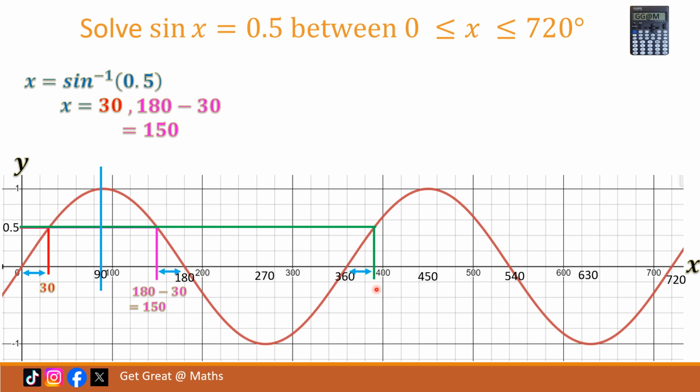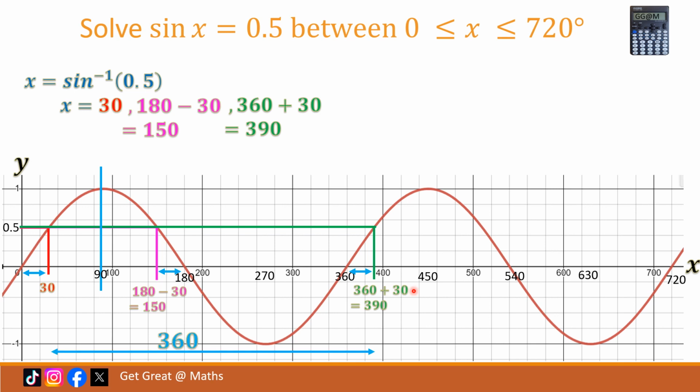Now, you can see that the distance from 360 to the green line here is going to be exactly the same as the distance from 0 to the red line here, which was 30, which means our next angle is going to be 360 plus 30, which takes me to the next angle here because of the symmetry of the curve. So I've got 360 plus 30, which is 390, which gives me my next solution.